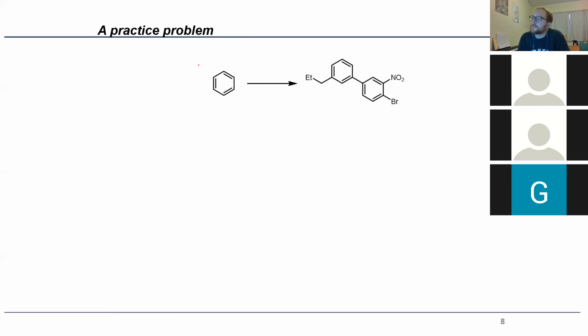Okay, so we've had a little time to think about it. Does anyone want to propose an answer? Obviously, this is going to use some of our new knowledge with the Suzuki reaction.